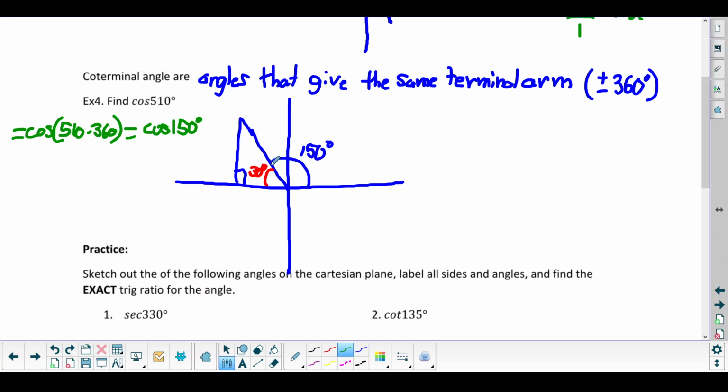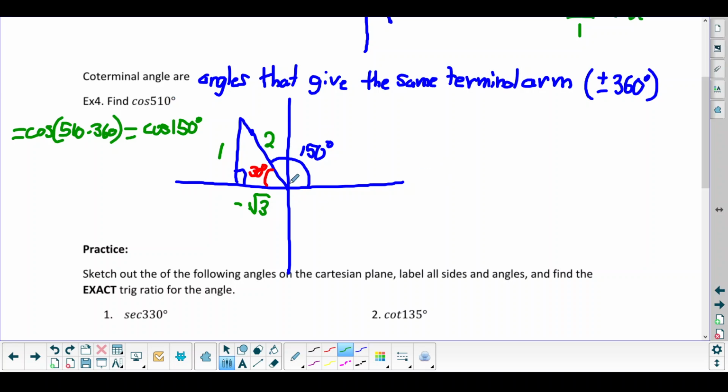Okay, but I know if I have my special triangle that opposite my 30 degrees is a 1, opposite my 60 degrees, which would be up here in my triangle, is a root 3. And my hypotenuse is always 2. Of course, I want to label my positives negatives. So over here, our x value is negative, our y value is positive, and our hypotenuse is always positive.